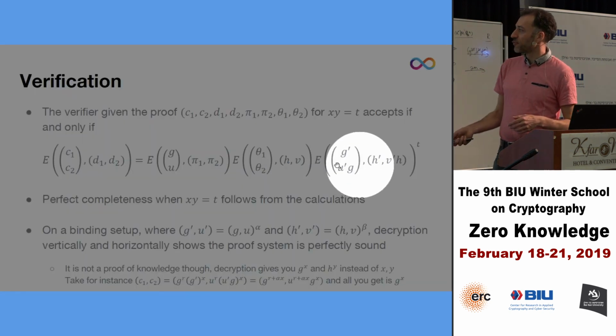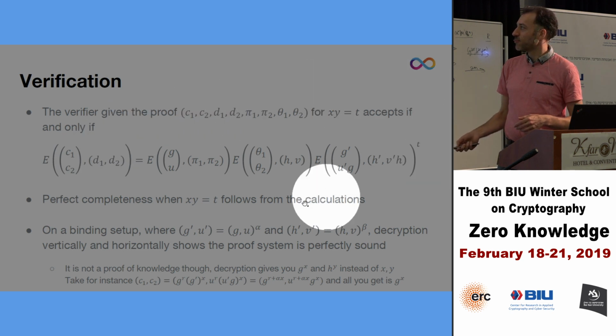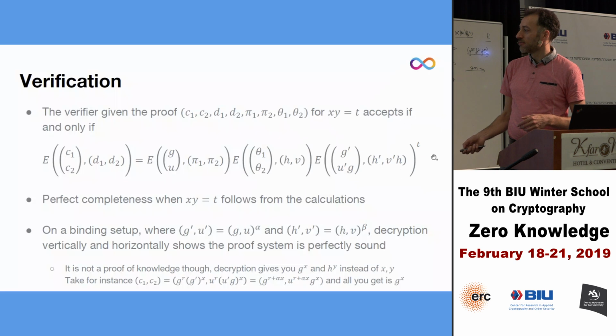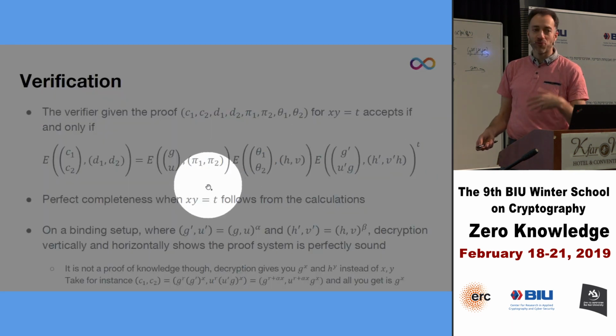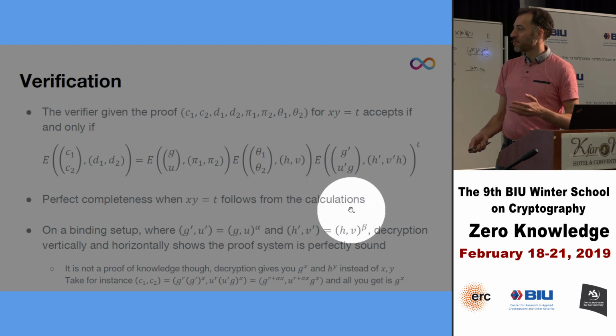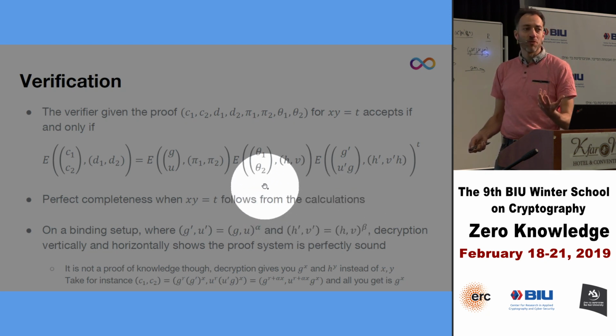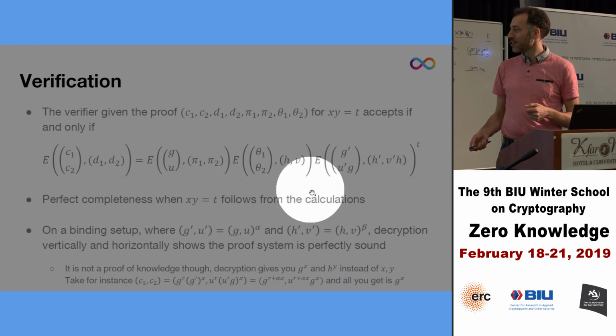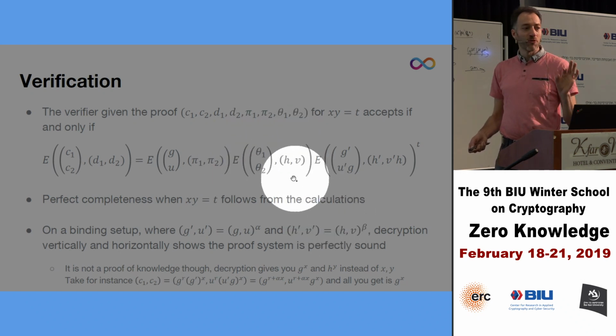And this is the verification equation that the verifier will be using to check this quadratic equation. Right? So you get perfect completeness as before by following all the calculations on a binding setup. Everything is an LGML encryption of this G to the X and an H to the Y. Okay, so that gives you perfect soundness.